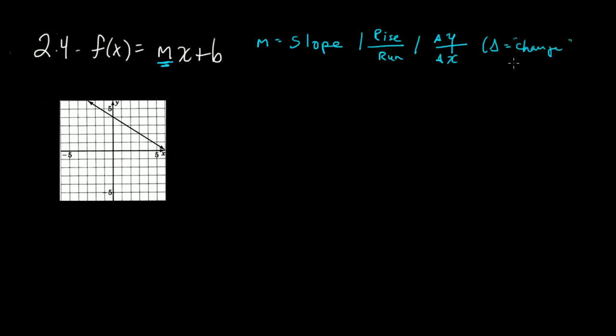To be more specific, we can call delta the difference. And why would we call delta the difference rather than the change of? We can use those interchangeably. Well, we would call it difference because of the formula that we use for slope. Here I have a graph with 2 points that I can clearly see where they are.